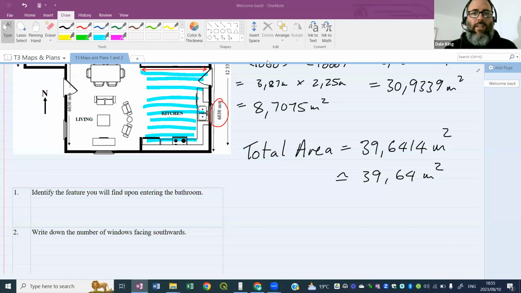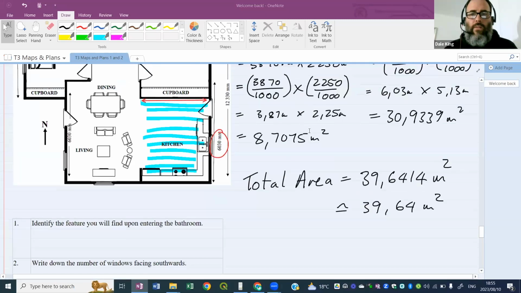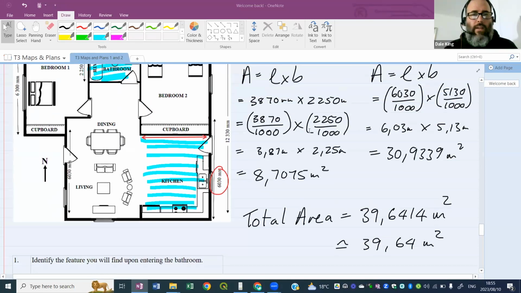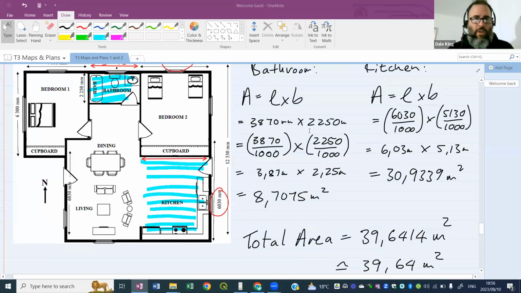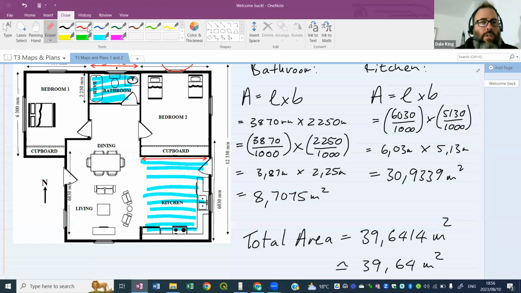Sir, yes, sir, I don't understand. Where did you get 6,03 meters? I'll show you. So for the kitchen, this area at the bottom here, we're using 2 dimensions, a length and a breadth. So this dimension on the right-hand side here, and I said when I did this, that dimension they gave us there, that long black arrow looks like it's wrong.